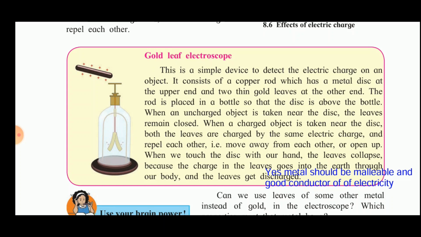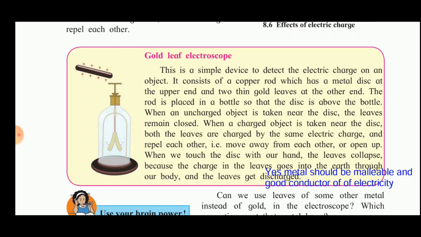When an uncharged object is taken near the disc, the leaves remain closed. When a charged object is taken near the disc, both the leaves are charged by the same electric charge and repel each other, that is, move away from each other or open up.